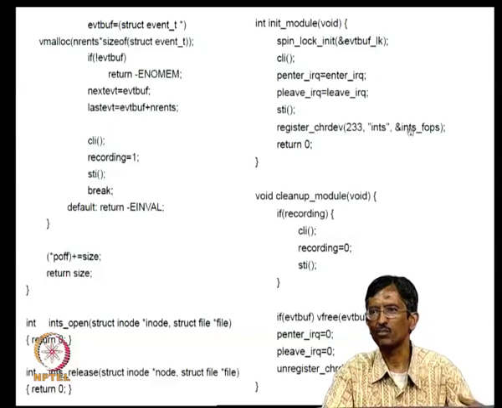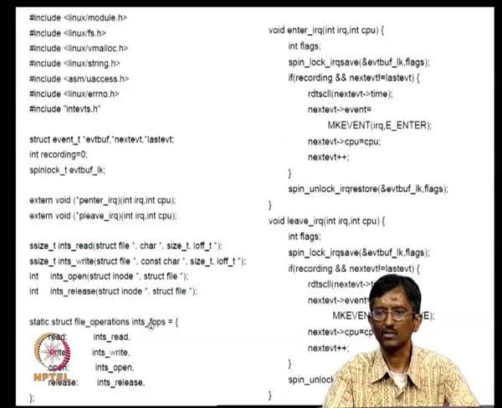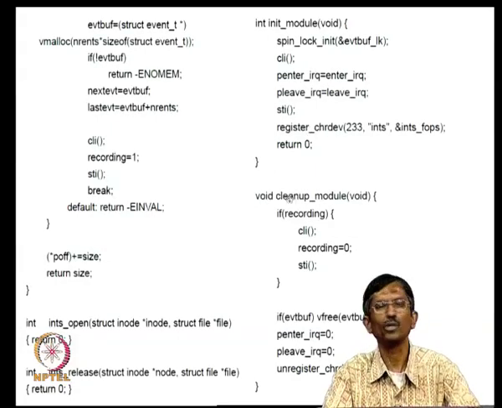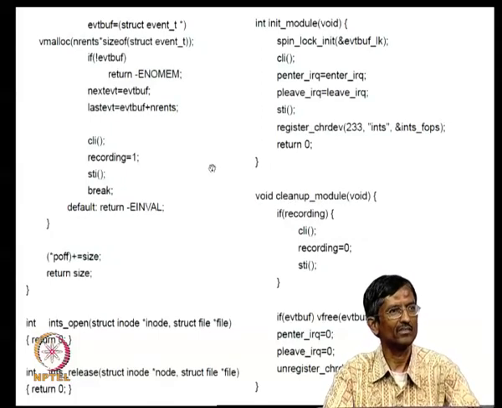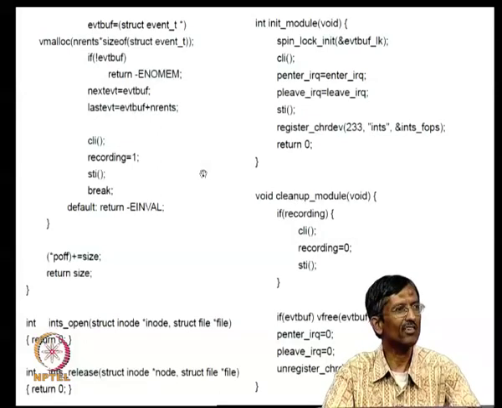That function pointer structure is being defined here, file underscore operations. This part is being done. You can see that it is doing some additional things also, because these are some special things, because we are doing interrupt counting. This is something unusual for this particular driver. Not every driver will be doing these things. So it has got other additional functions.